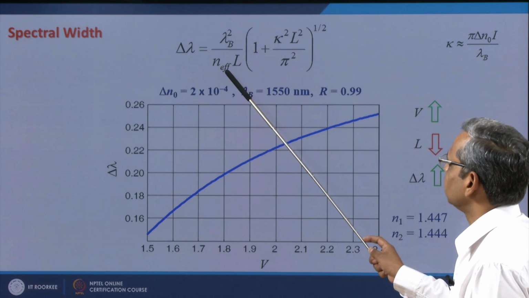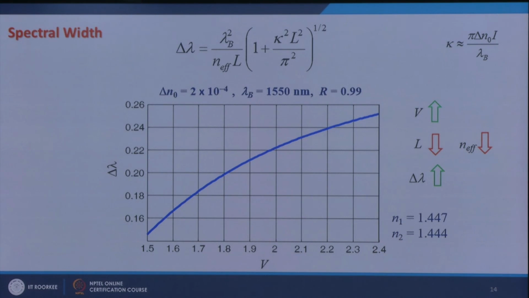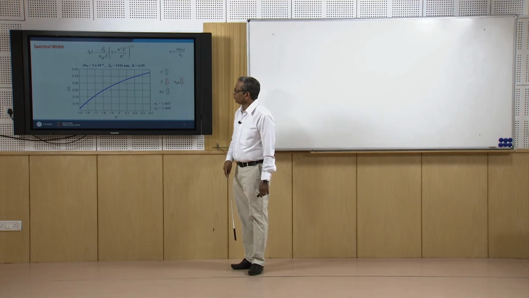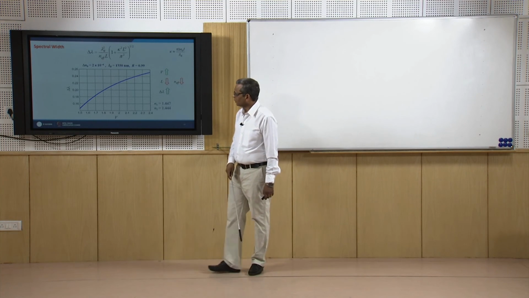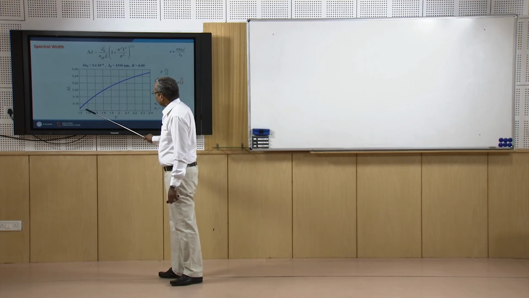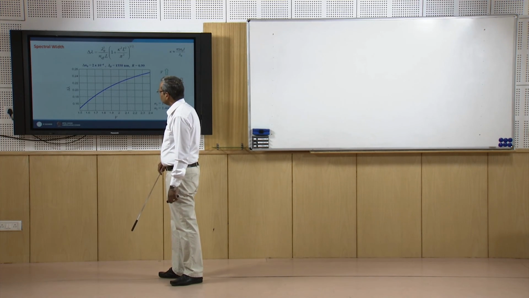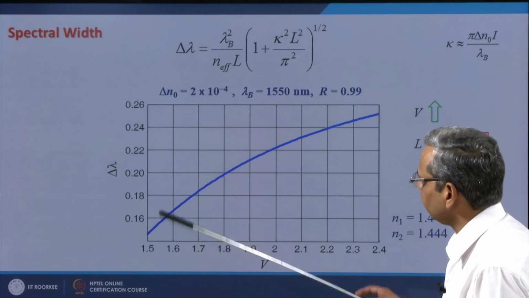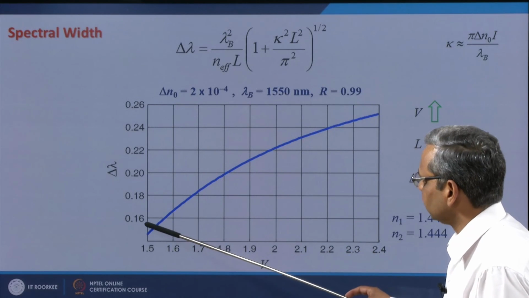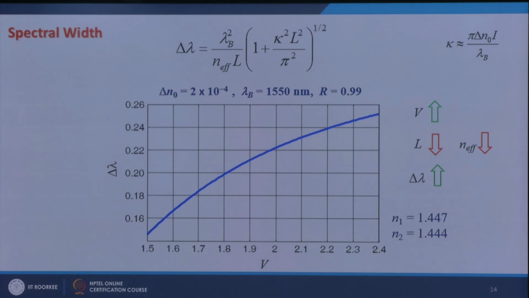N effective means the fiber, and the Bragg wavelength, which also depends upon fiber parameters. So, what I see is that as I vary V, that is I change my fiber, then delta lambda varies between, let us say, 0.15 to 0.25 nanometers.